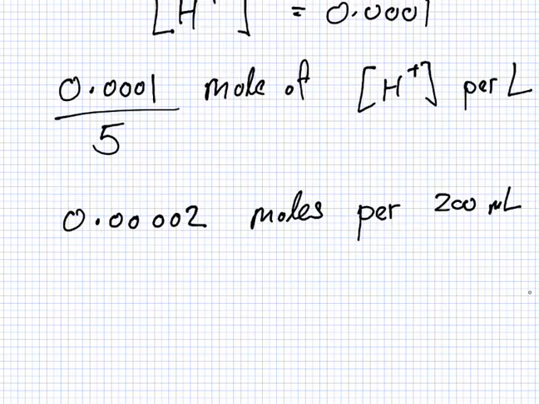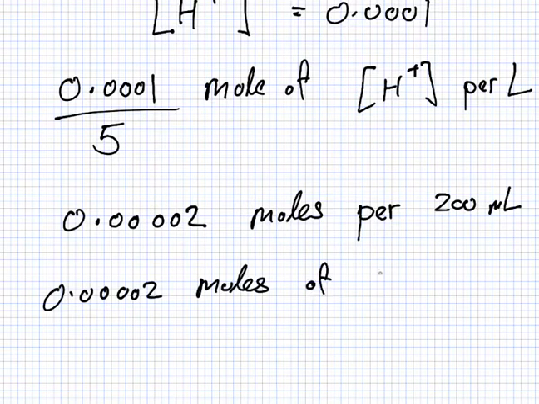Why do we divide it by 5? Because we have a fifth of a litre. We have 200 millilitres. So we have 0.00002 moles of H plus.